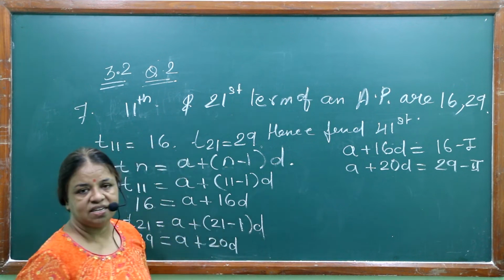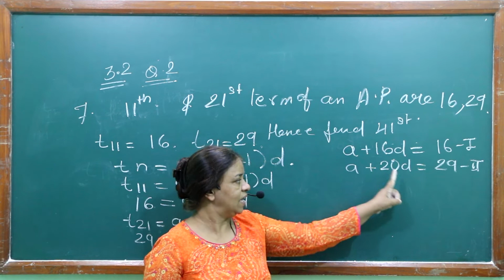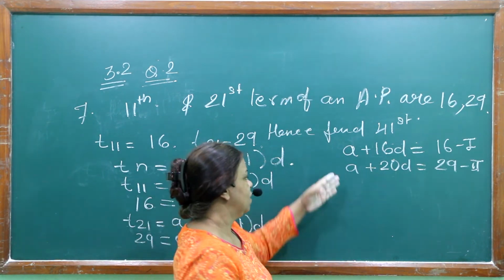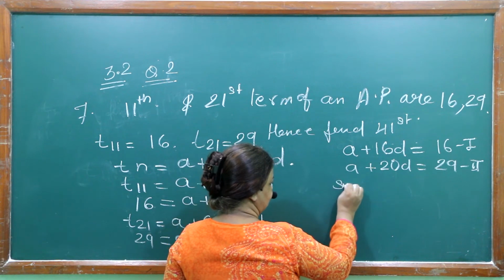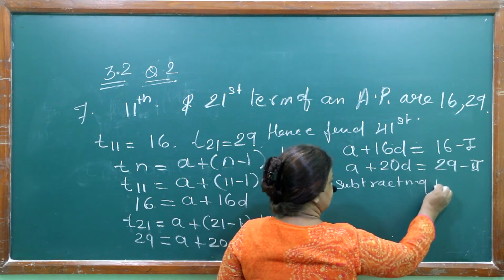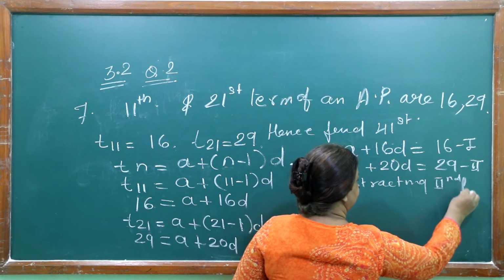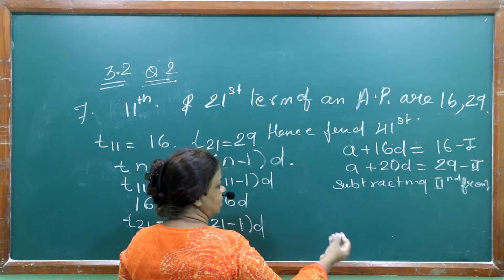In simultaneous equations, you have learnt that by eliminating one of the terms, we can get the value of the other term. So let us subtract, second from first or first from second, it depends.